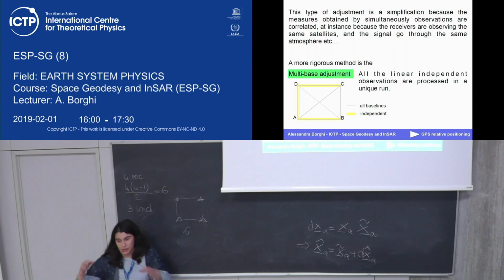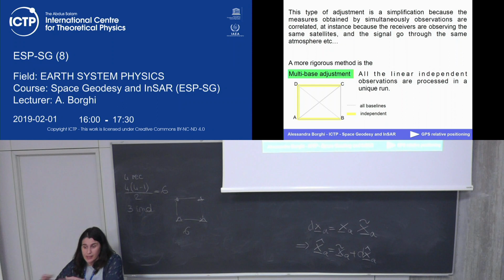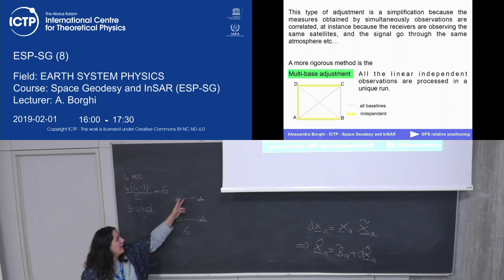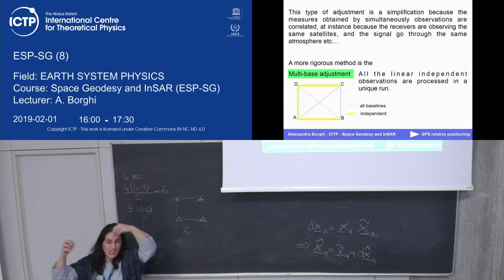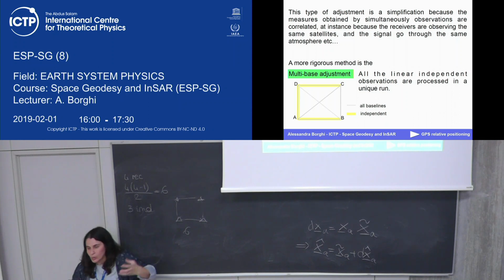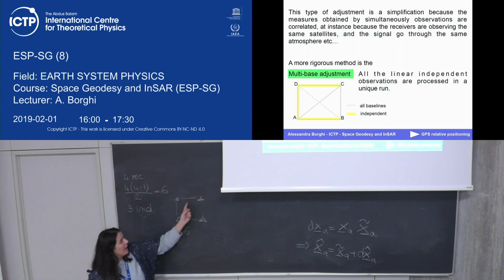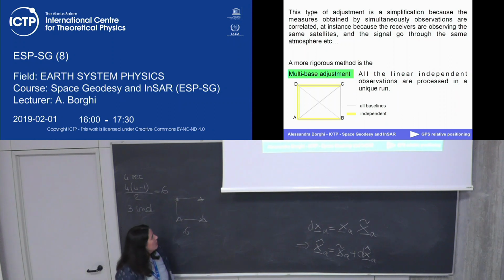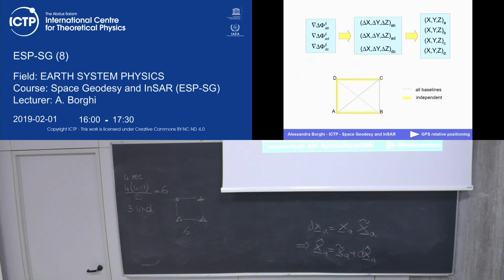And also in the covariance matrix, we take into account the correlation, because we are using the same satellite, so we know the relationship between the observations. In the result we have a covariance matrix that is full. We have precision and also correlation.